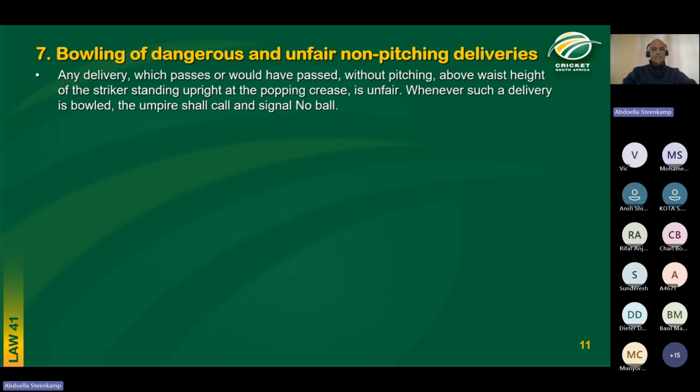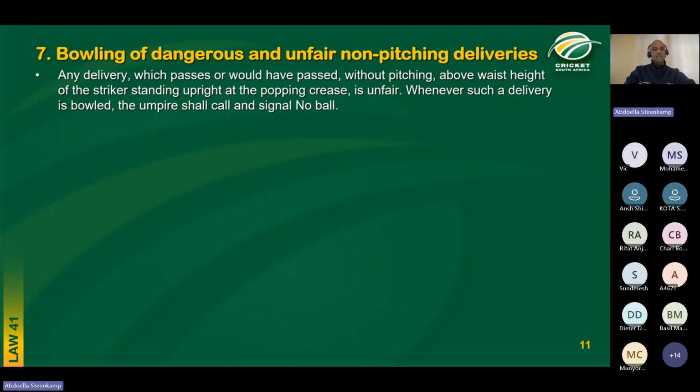Firstly, any delivery which either passes or would have passed on the full, i.e. without pitching, above waist height of the striker standing upright at the popping crease. So that is your judgment point. You need to judge the striker standing upright at the popping crease, not halfway down the pitch, not deep in the crease.